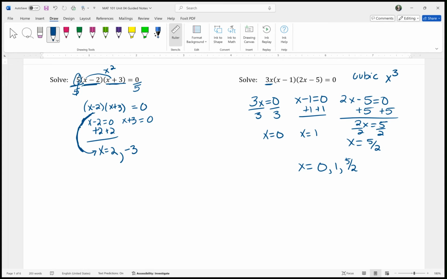But if I was to multiply this 3x times this x times 2x, that would give me 6x cubed. And if I multiplied all this out, which I don't want you to do, you would see that this is an x cubed, and that would tell you you can get up to 3 answers on this. So this one is a little separate from the quadratics that we've done, but still very important. And you need to understand that every single term or factor that has an x, you've got to set equal to 0.